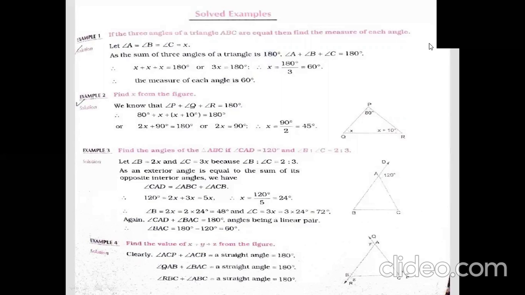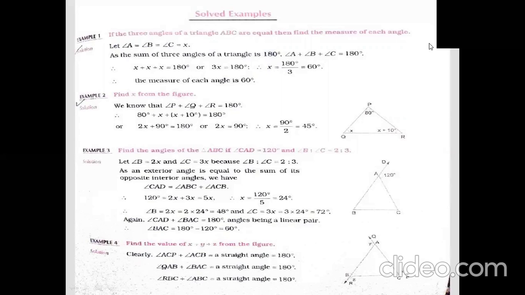Now, all the angles of the triangle are given equal. So let us assume that angle A is equal to angle B is equal to angle C is equal to x. We know that the sum of all three angles of the triangle is equal to 180 degrees. Therefore, angle A plus angle B plus angle C is equal to 180 degrees.